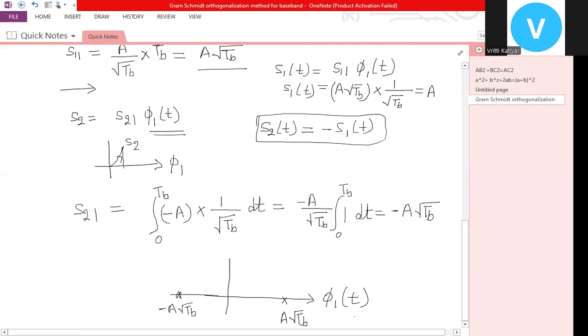Based on this, you can see that the distance between the two is the Euclidean distance.